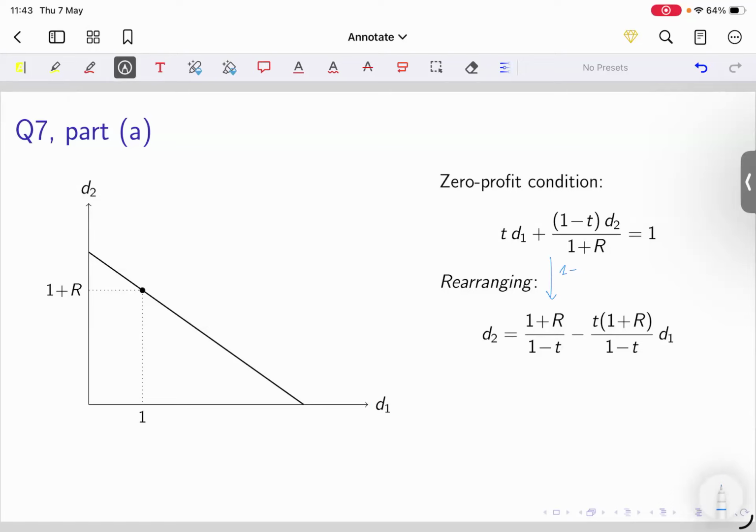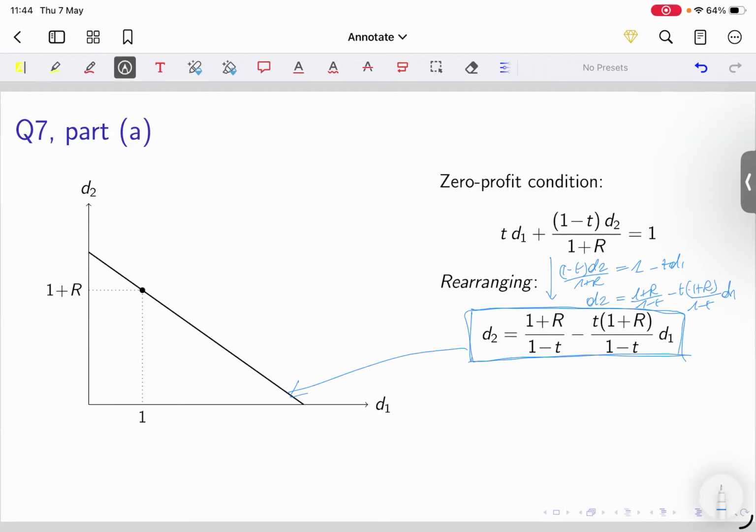This is 1 minus T times D2 over 1 plus R equal to 1 minus TD1. And then multiply both sides by 1 plus R over 1 minus T, which gives me exactly this rearranged zero profit condition. This is what I'm depicting here.